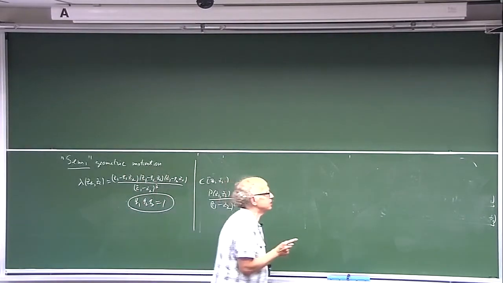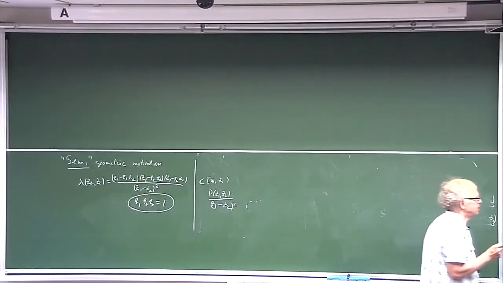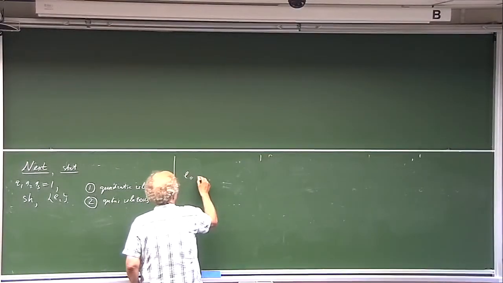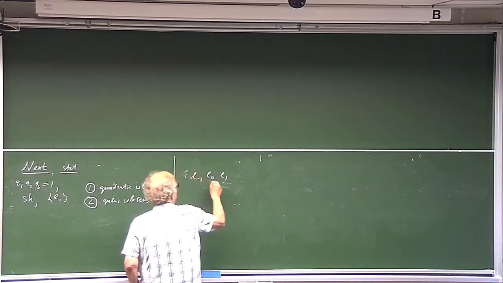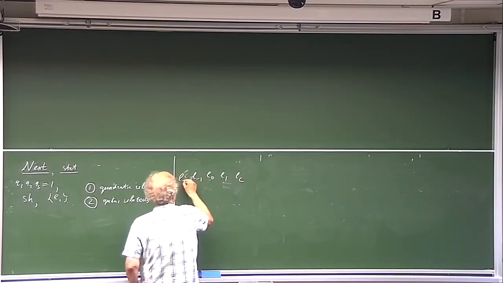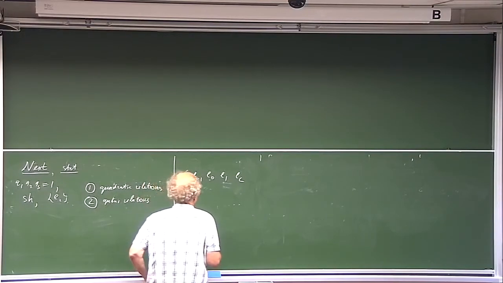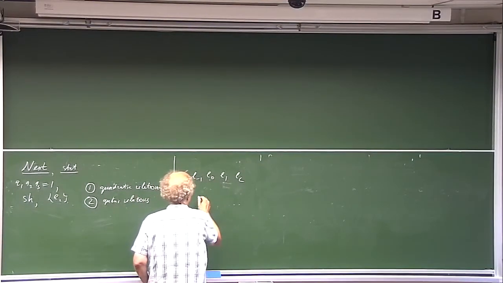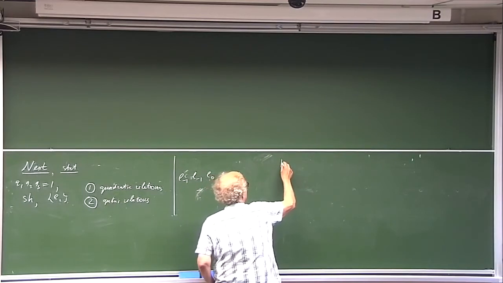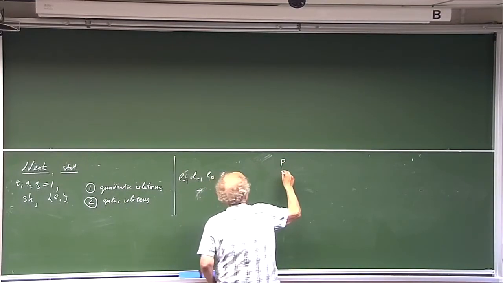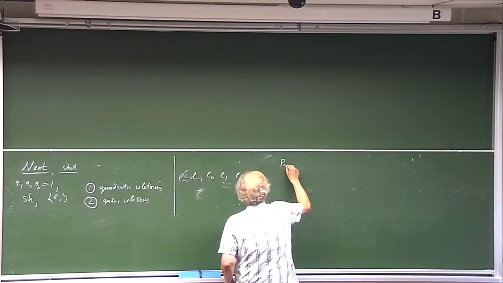And this property is the following. I have generators E0, E1, E-1, E2, E-2, and so on. Then I can write down, because this is also, let me call it not theorem, but proposition.